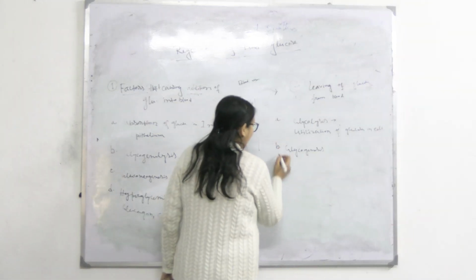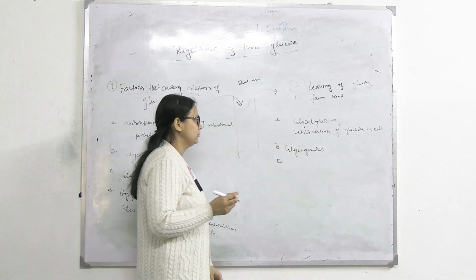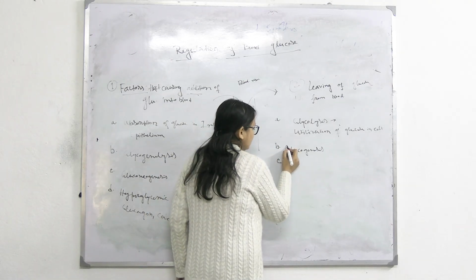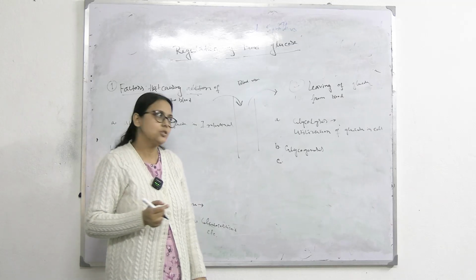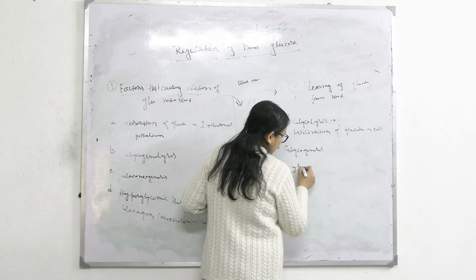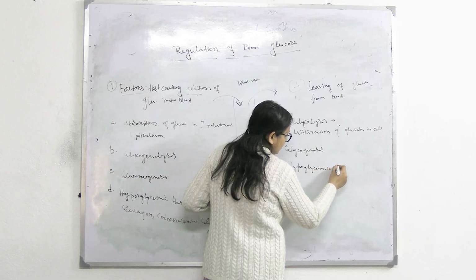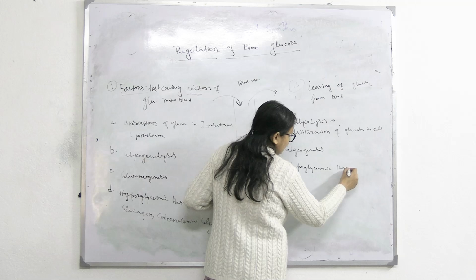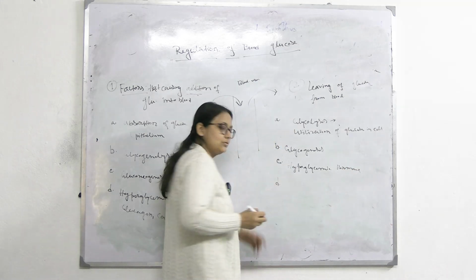This is a storage form of glucose. Now the third point, hypoglycemic hormone like insulin. Only one hypoglycemic hormone, insulin.